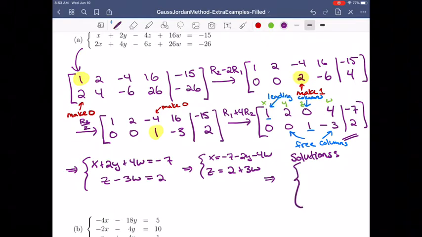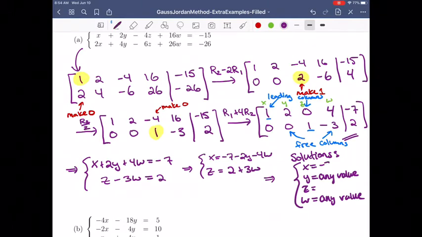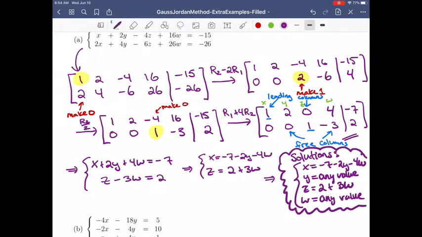When we write our solutions, you always want to have each variable equal to something. y and w are free, so we normally write any value. They're equal to anything. Once we pick them though, x has to be negative 7 minus 2y minus 4w, and z has to be 2 plus 3w. So this is the form that we need for our solutions. There's infinitely many solutions here.